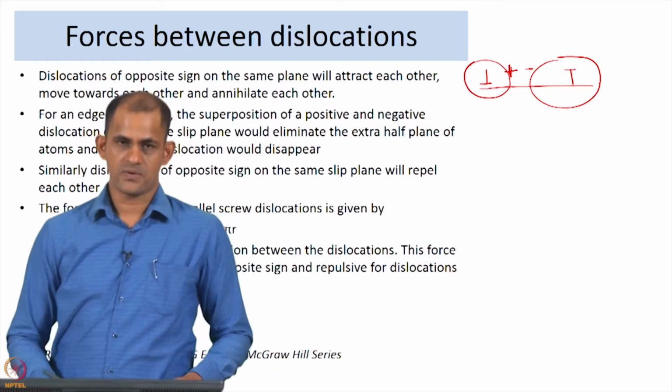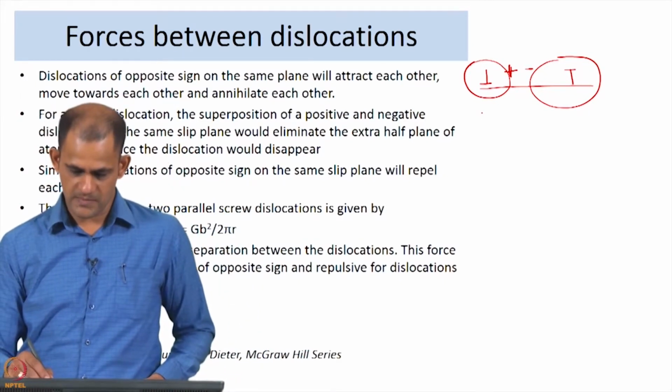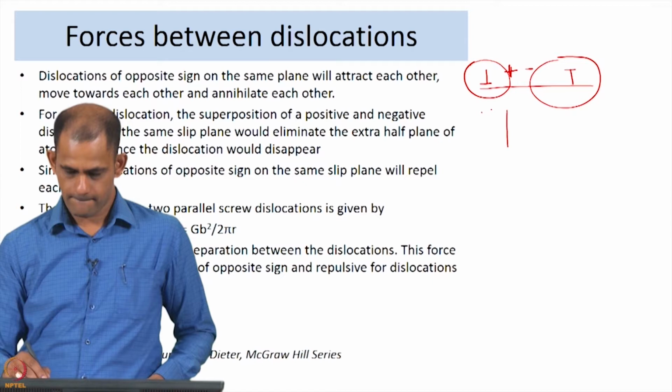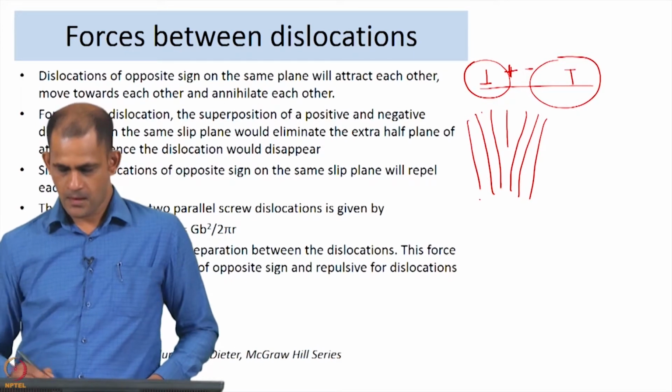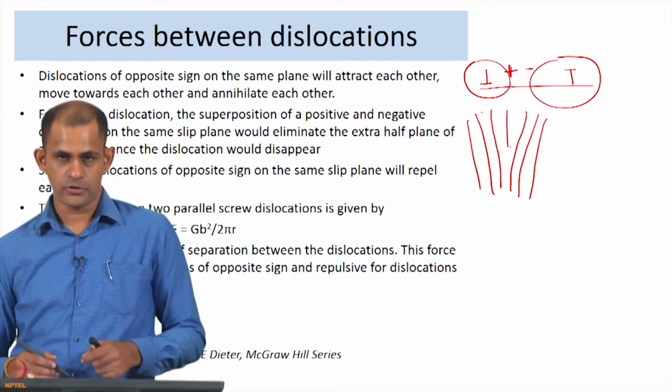This also makes sense from the fact that the dislocation is basically an extra half plane of atoms which is introducing disorder.